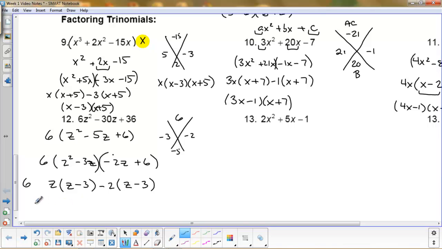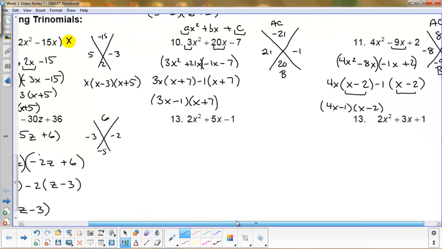So my final answer is going to be 6 times z minus 2 times z minus 3. Some would distribute that back into the first binomial, some leave it out in front. The most important thing is that you don't forget that you actually took out the GCF at the beginning. So you just have to acknowledge that it's there in some way or shape or form.